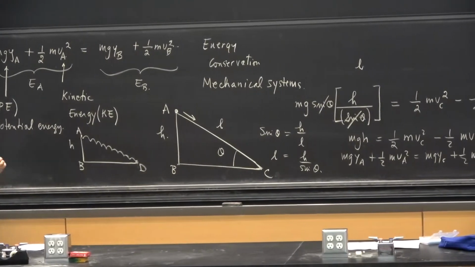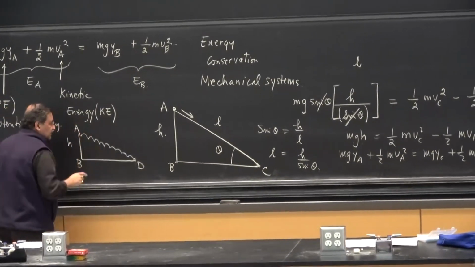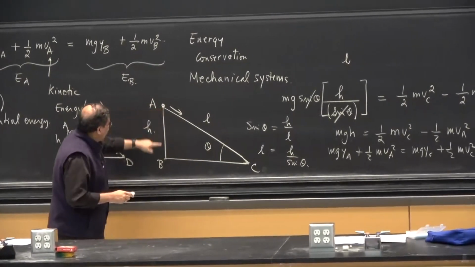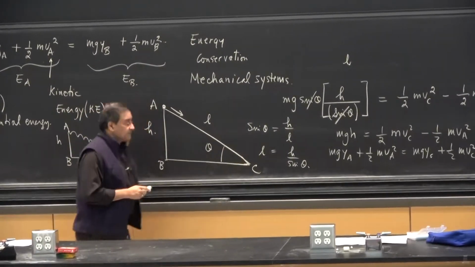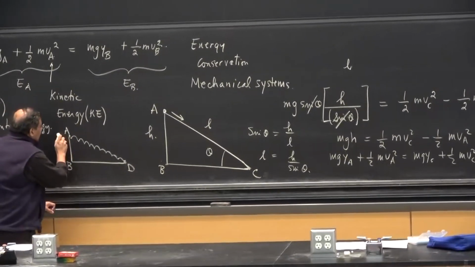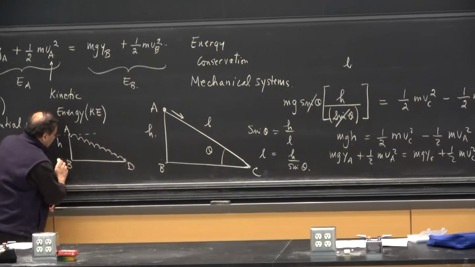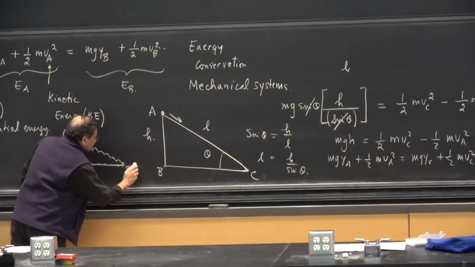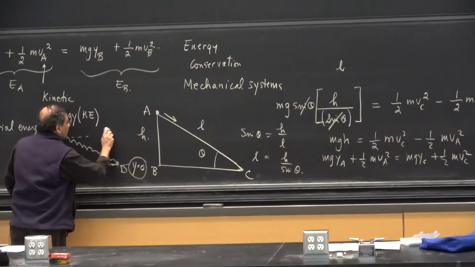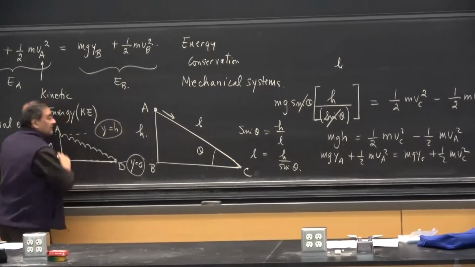So what's going on? Well, the potential energy that we are calculating doesn't really care if you come down this way or that way, because the potential energy simply depends upon the vertical height. That's why I was setting y equal to 0 as the zero level of potential energy, and this is y equal to h in this problem.